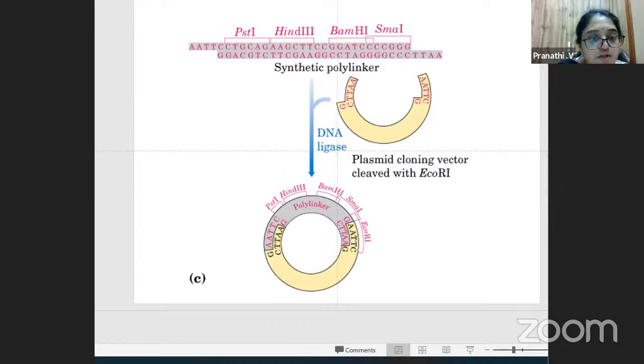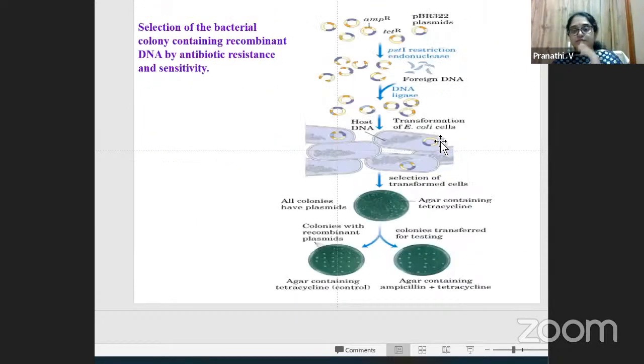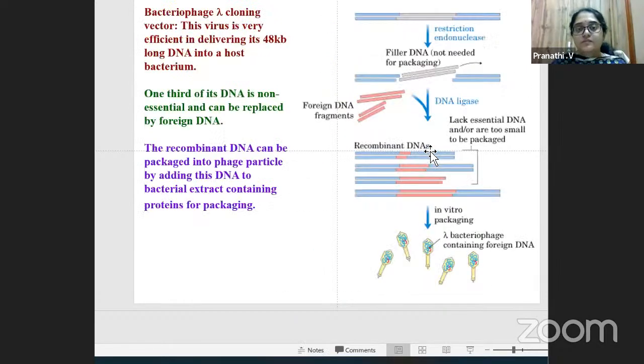Let's see if I have a picture of this. It is known as a cos sequence that is present. This lambda phage is one of the extensively studied and utilized phages. It can incorporate up to 10 kilobases of foreign DNA.